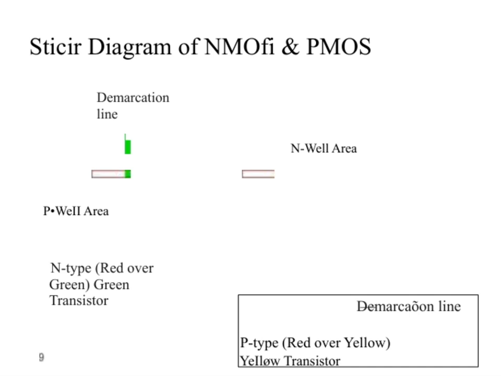The PMOS is depicted as the P-type region in red over a yellow background, shown as the yellow transistor. The demarcation lines help define these well regions clearly, emphasizing the separation between the NMOS and PMOS devices within the integrated circuit. This distinction is crucial for proper transistor operation and ensuring the complementary nature of CMOS technology.